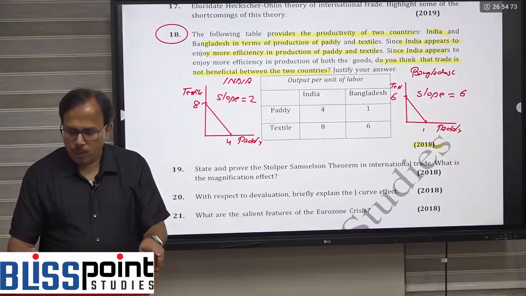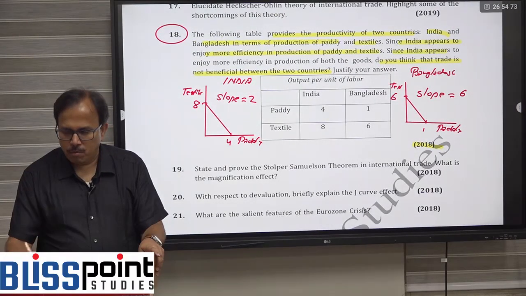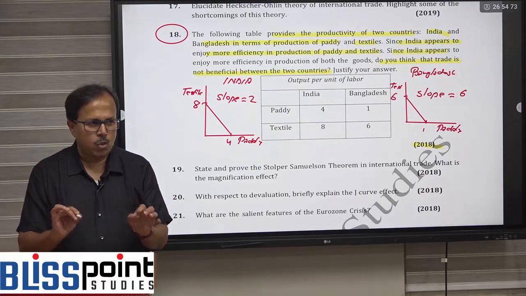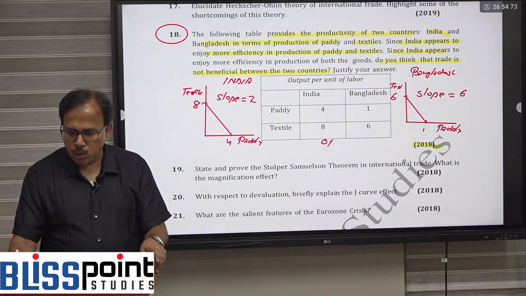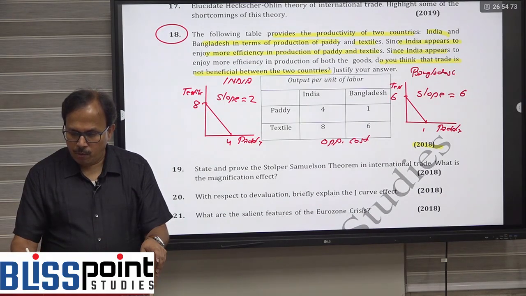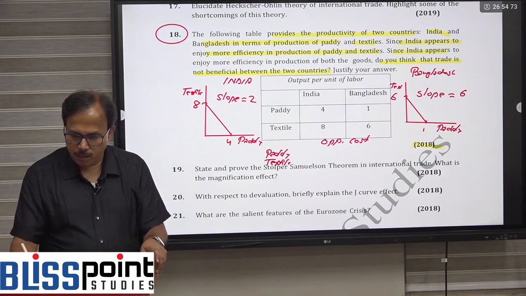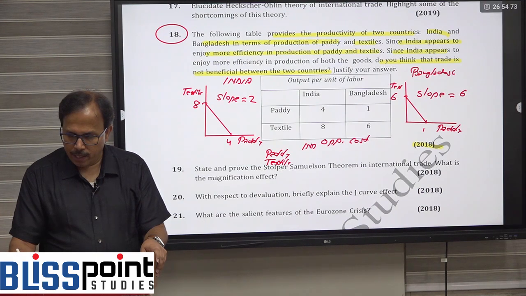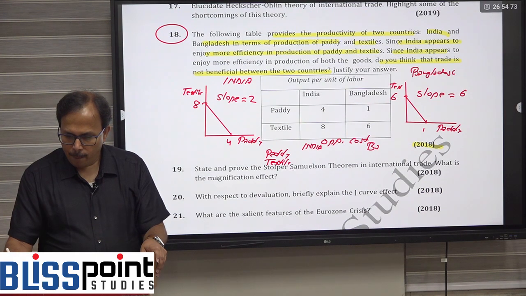And when you are answering that, just draw that PPF, find the slope, and then what else you can write? You make an opportunity cost table for paddy and textile for home country, that is India, and foreign country, Bangladesh.